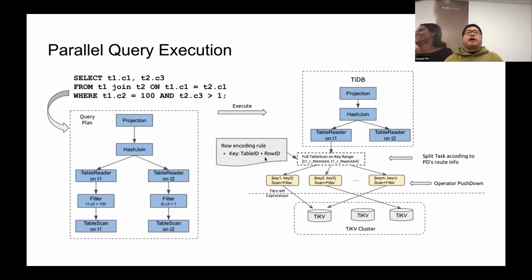And this has a very nice property because the data is distributed, and the user doesn't need to be aware of that. They also don't need to be aware that the index is distributed. So when you do query execution, you can push down those computations to the storage nodes to do parallel processing, because the data and the index are scattered across different nodes.